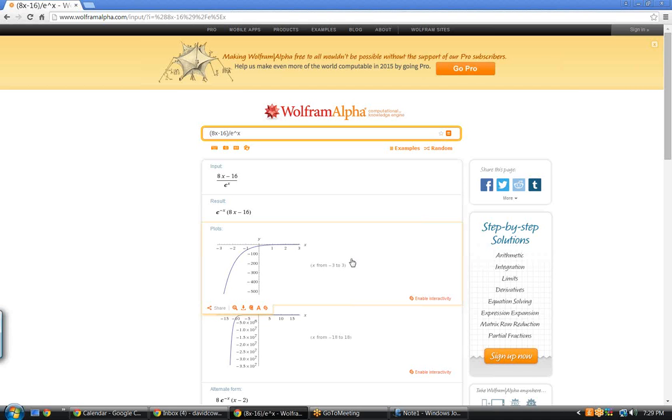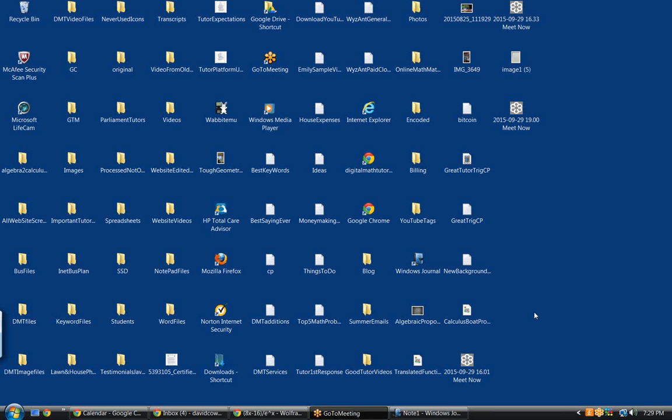So if we look at this, we can see that at 3, that looks pretty close to a horizontal tangent line. And that's what we came up with: at x equal 3, this function has a horizontal tangent line. Cool.